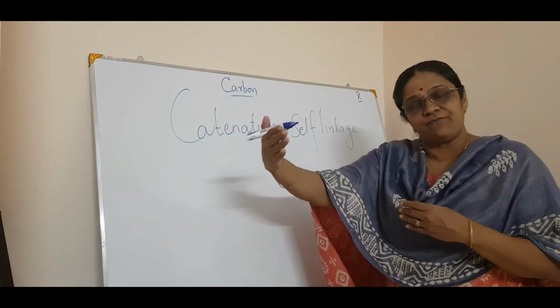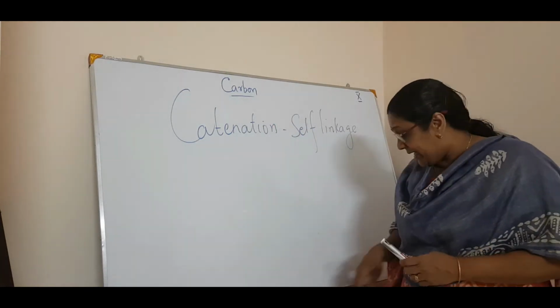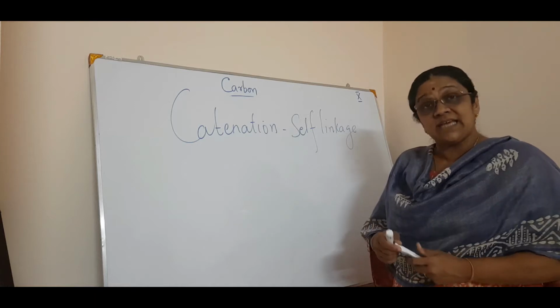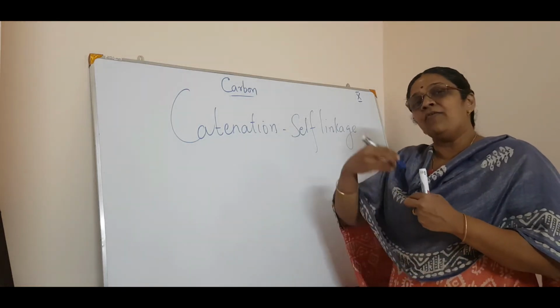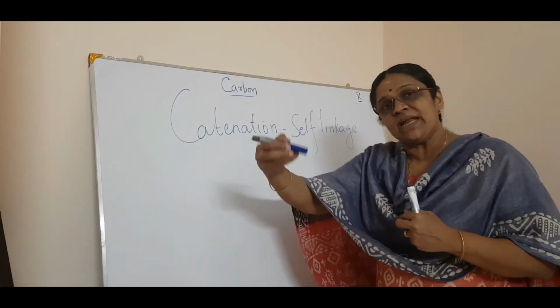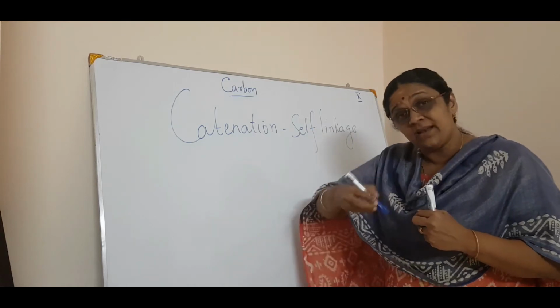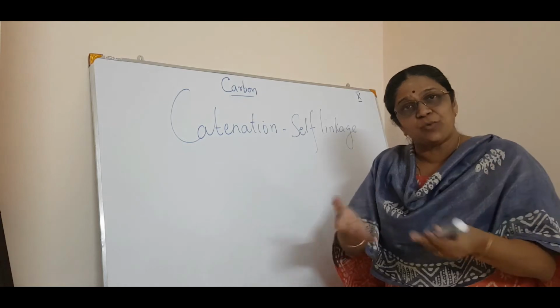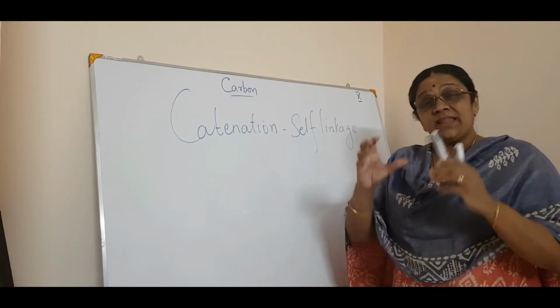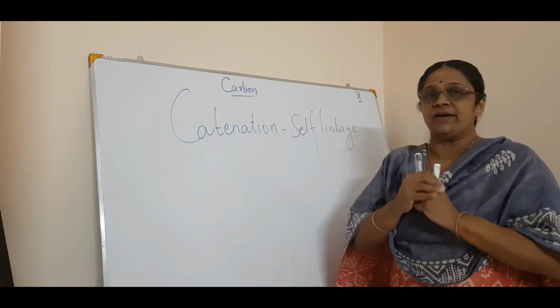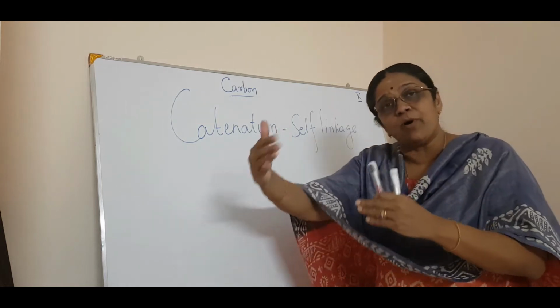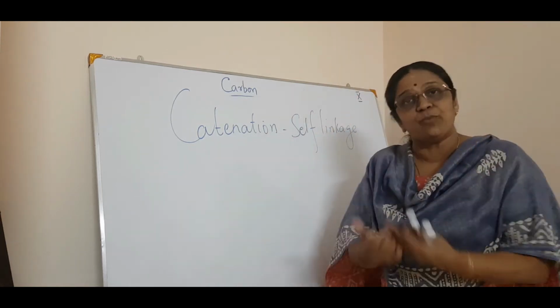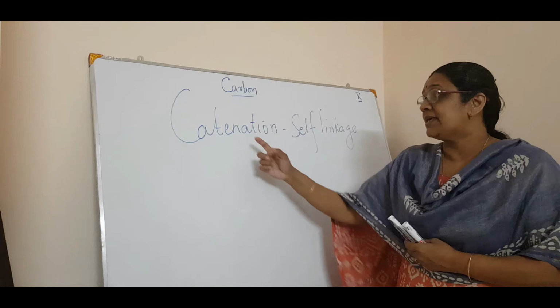Carbon has an ability to form bonds with other carbon atoms, more than 1 or 2 or 3 or 4 carbon atoms, to form a large molecule. So that unique ability of carbon to form carbon-carbon bonds to form a large molecule is called catenation.